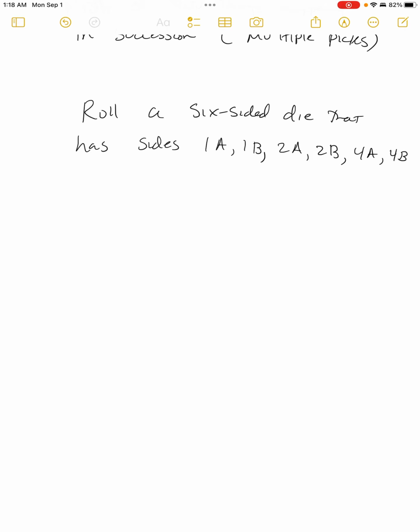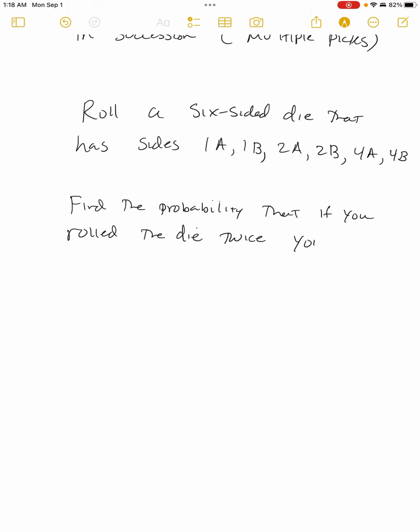They're going to ask a question like this. Find the probability that if you rolled the die twice, you would get 2 vowels.